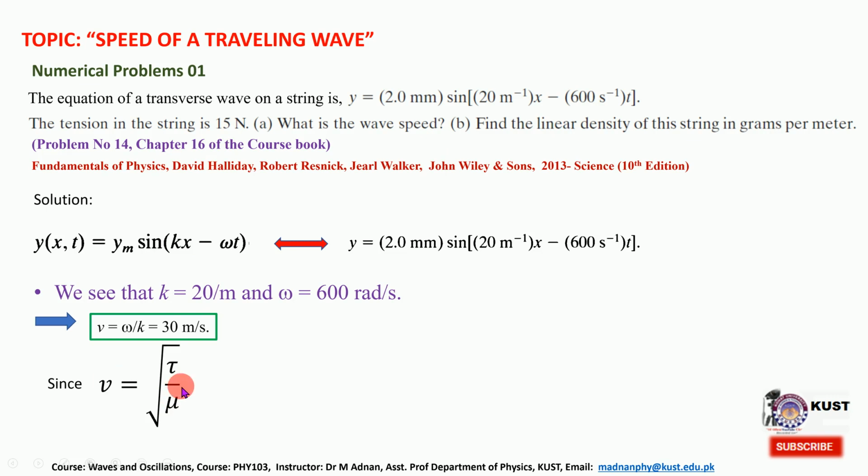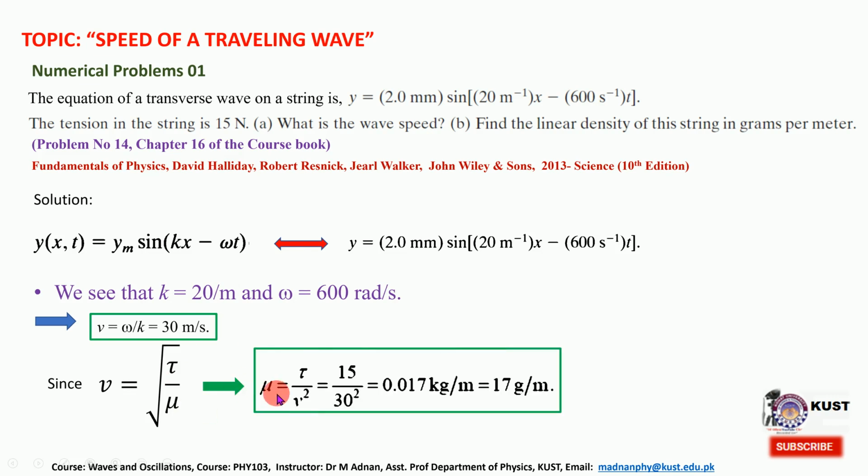We need to find out this mu. The speed is 30 and this tension is 15 Newton. So rearranging this expression, one can have this mu in terms of gram per meter. By putting in the values, one can find out that mu is 617 gram per meter.